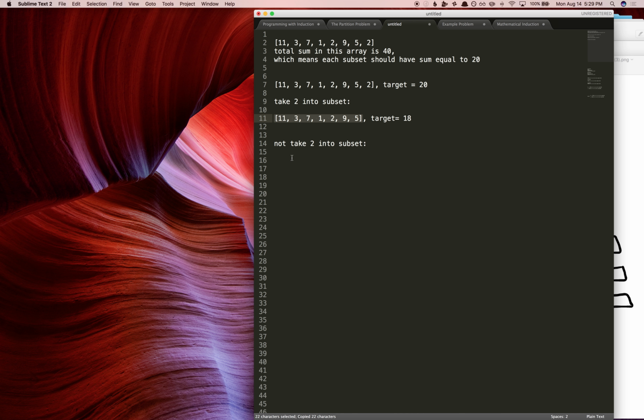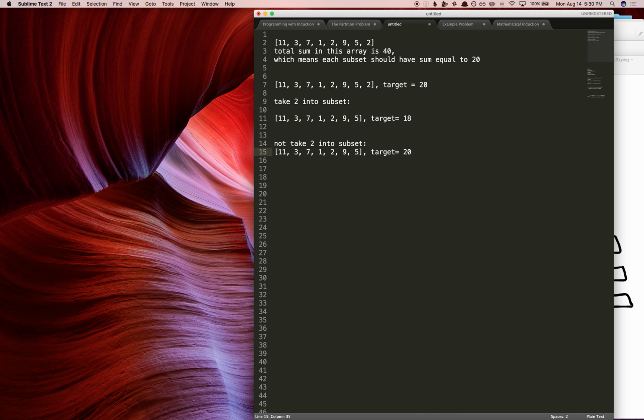In terms of the array, I didn't take 2, so I am still only left with these numbers. But what happens to the target? The target doesn't change. The target that I'm trying to reach still stays 20. So I still have to see if I can get 20 from the elements that remain.